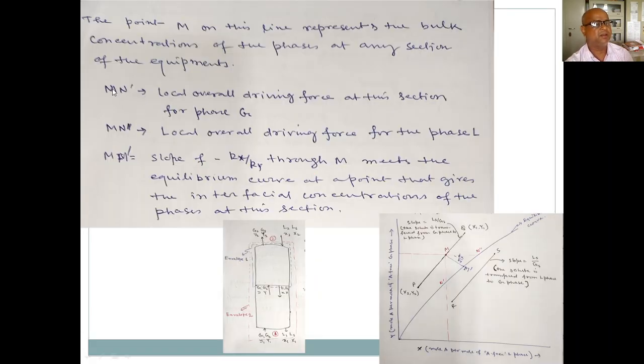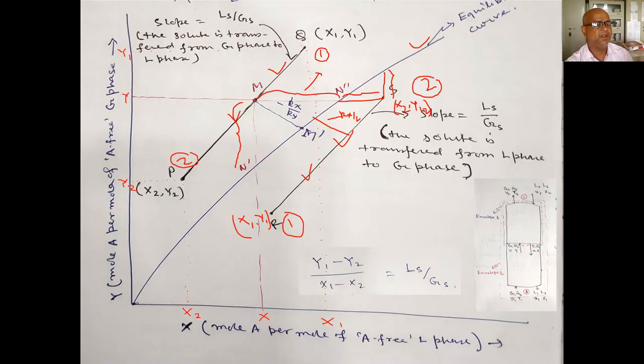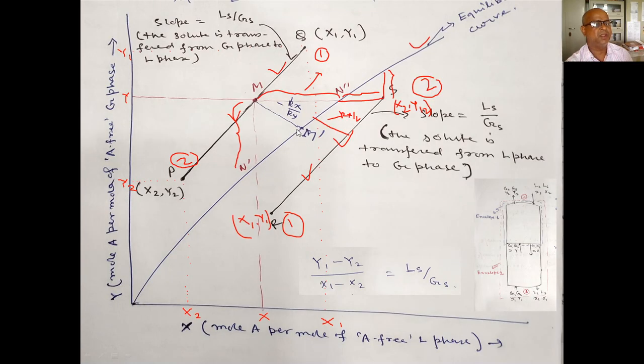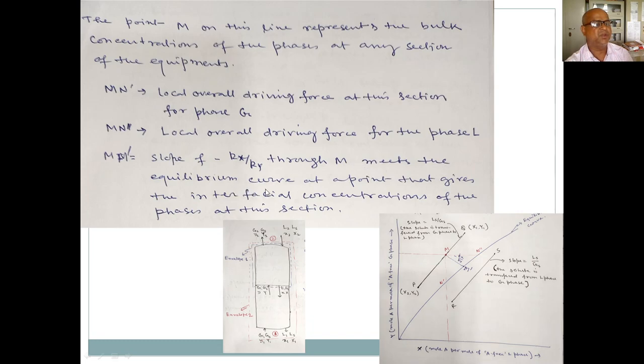So here M n dash is the local overall driving force for the gas phase, and M n double dash will be the local liquid phase driving force. The M n dash slope is minus kx by ky. The point meets the equilibrium curve at a point that gives you the interfacial concentration. So whatever the point here, that will give the interfacial concentration.